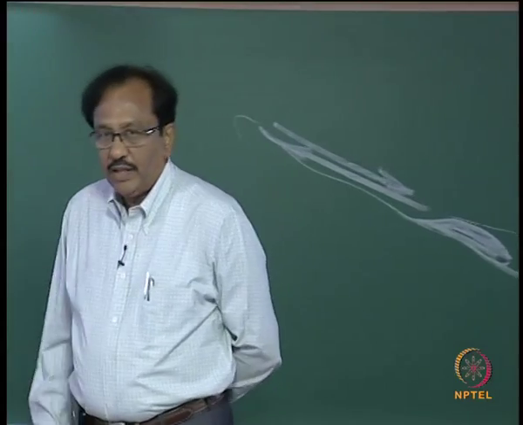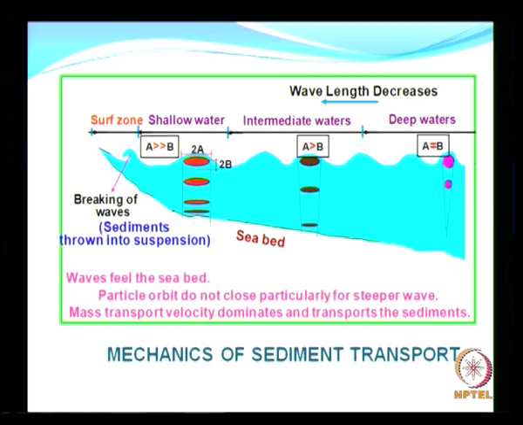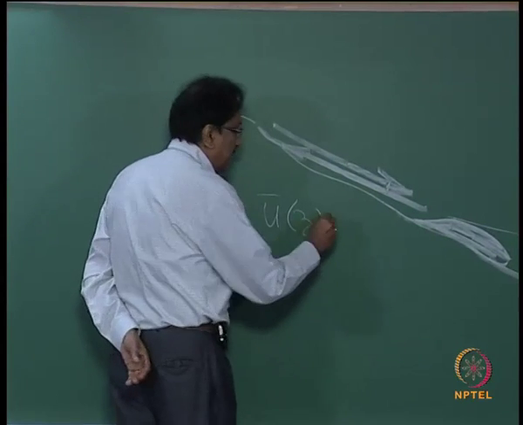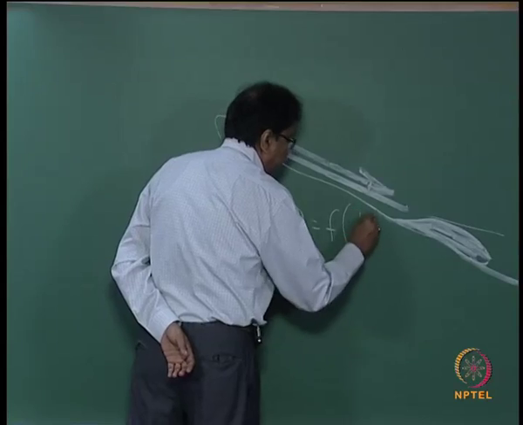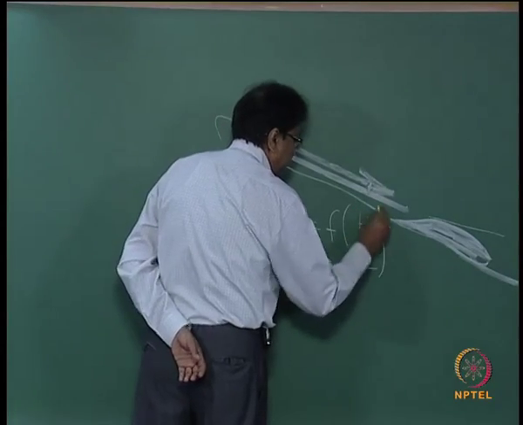So now you see the mass transport velocity is going to be a function of z. Recollect the expression for mass transport velocity. We have seen that mass transport velocity will be a function of z and it will be a function of H²/L.